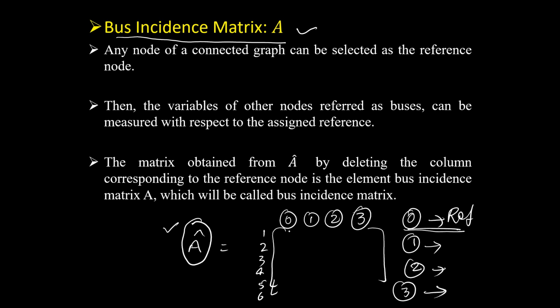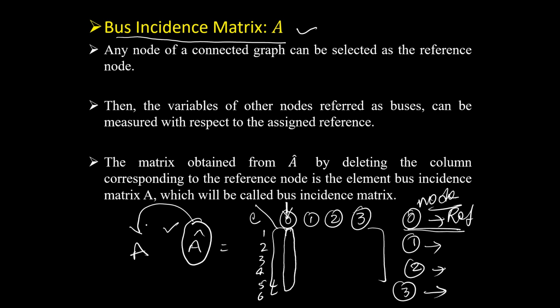Suppose I consider the 0 node as a reference bus. If I delete the corresponding column with respect to this 0 bus from that matrix, then the matrix formed between the number of elements and the buses 1, 2, 3 will be called the A matrix.